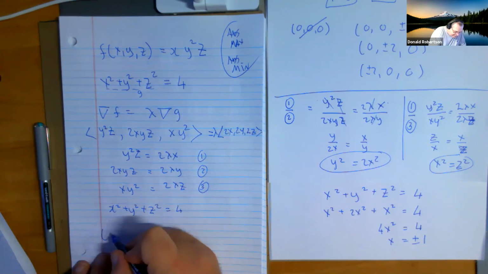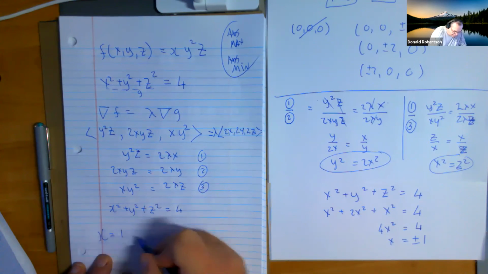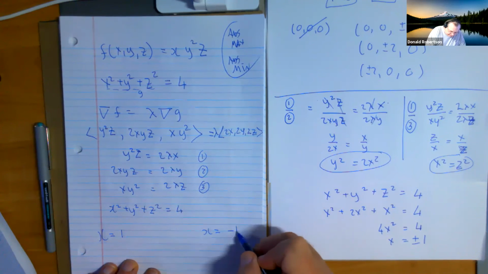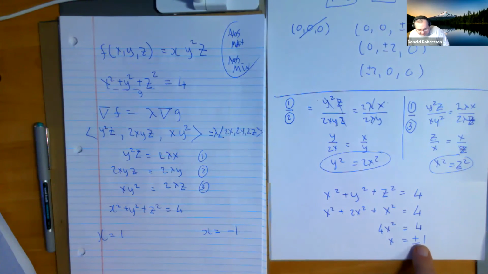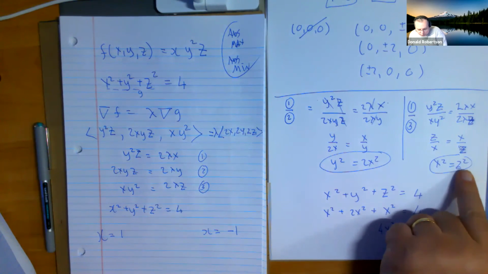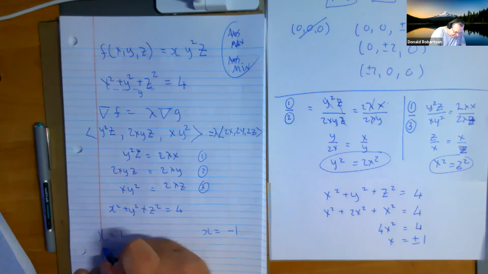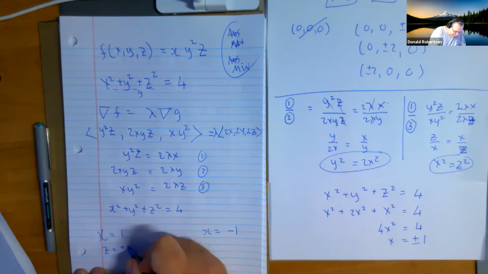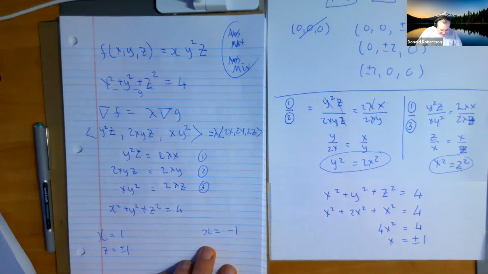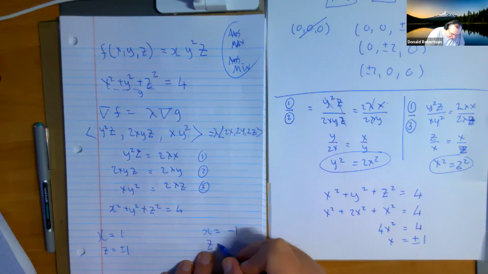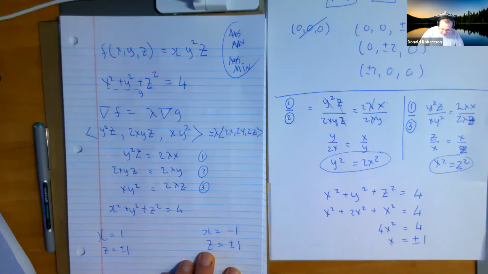So x could be 1, x could be negative 1. If x is 1, won't z squared be 1? So that makes z plus or minus 1. And if you plug in negative 1, z is also plus or minus 1.